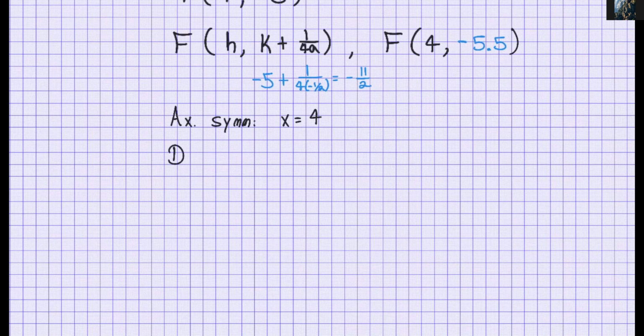Then our directrix is y equals k minus 1 over 4a. It'll be basically the same operation as before, but with negatives. So it's negative 5 minus 1 over 4 times negative 1/2. We put this in the calculator and we get negative 9/2, so y equals negative 4.5.